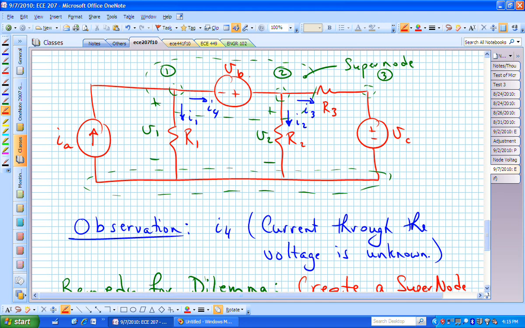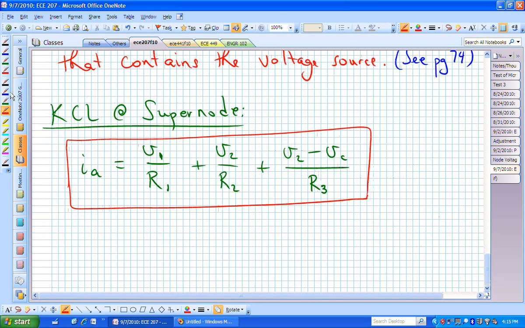Minus V1, minus VB, plus V2. And I'm living with how I define the polarities on my node voltages. I'm not changing anything after I start writing equations. I'm not changing the polarity on my voltages, node voltages. Here's what we're doing. I needed a second equation because I collapsed things down by that supernode.